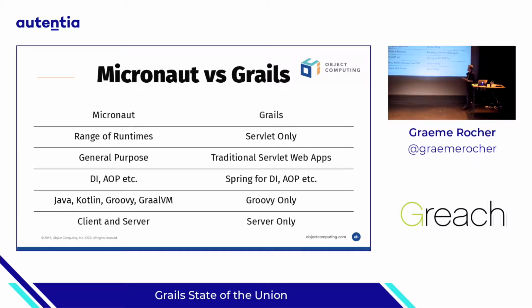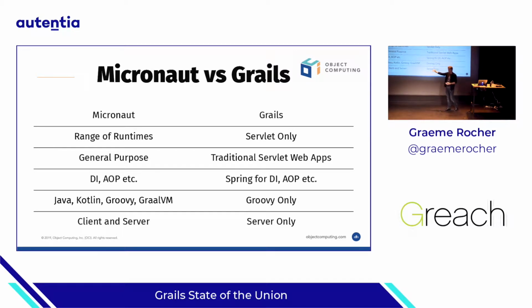And now if you look at that in comparison to Grails, Micronaut has a range of runtimes. It's not specific to any one runtime. So for example, you can write Kafka message-driven microservices. You can write traditional kind of REST APIs. There's a whole different ways you can use Micronaut, whilst Grails is a servlet-only environment.